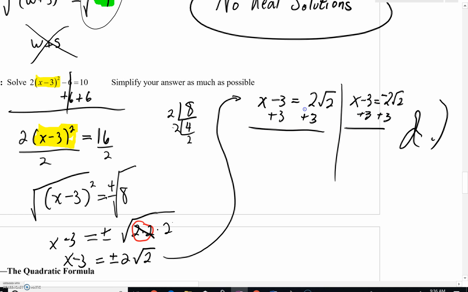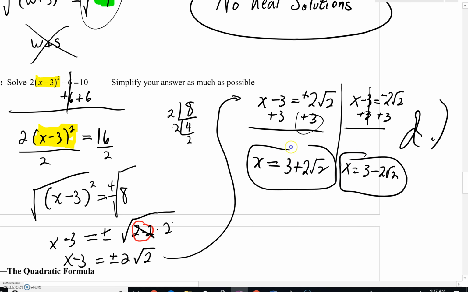And I'll tell you what, generally we're going to keep our number out in front of the radical. You could certainly say 2 root 2 plus 3, but this 2 root 2 is a positive here, so we could say 3 plus 2 root 2. Here, if we cancel, we'd have 3 minus a 2 root 2. So here are your 2 answers that you're going to finish up with.